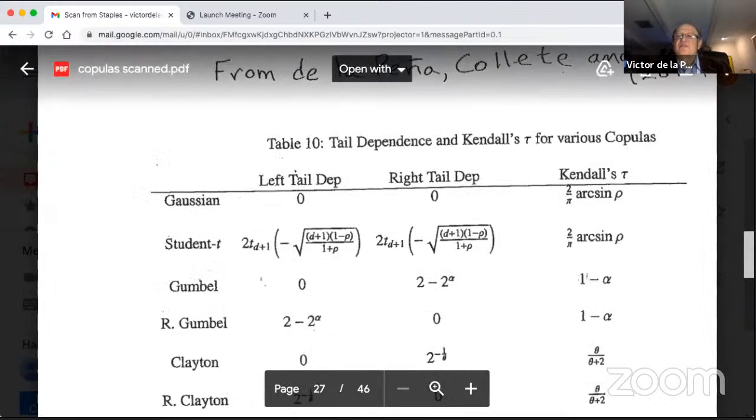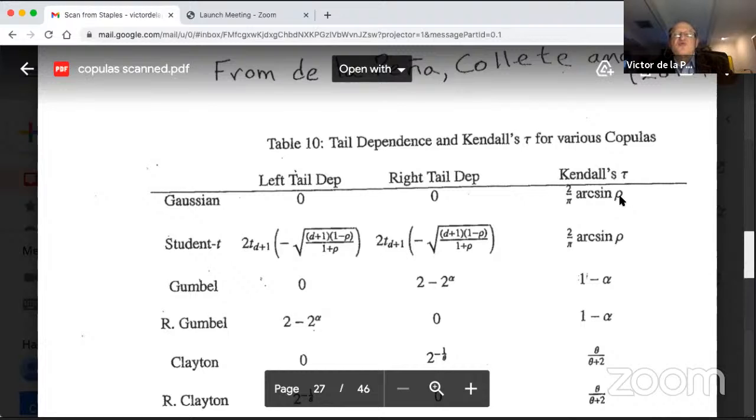So here's a little more information. What I wanted to show here is the relationship between the copulas and Kendall's tau. When you have a Gaussian copula, Kendall's tau is 2 over pi arcsine of rho.